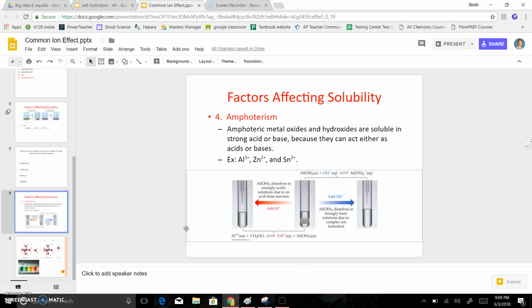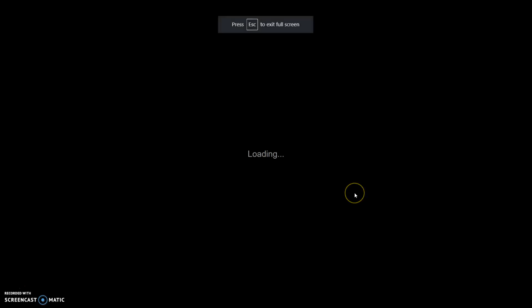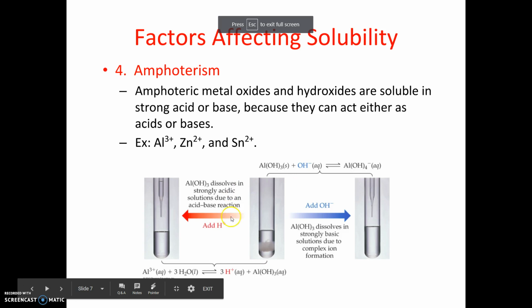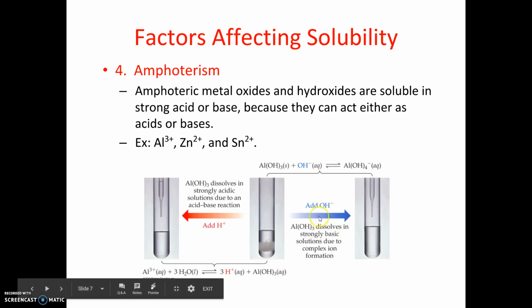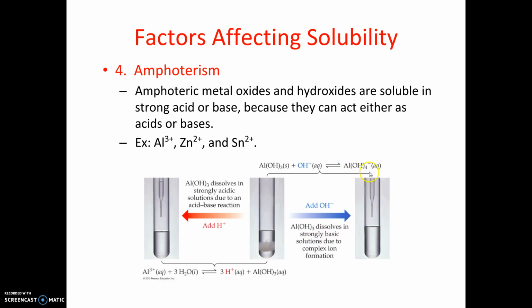So like your aluminums, your zincs, and your tin, let's make this in the big screen. If you add it in an acid, it will strongly dissolve in an acid too, because it'll make this aluminum plus water will make an aluminum hydroxide solution. Okay, so the aluminum hydroxide solution will be strongly favored to produce aluminum hydroxide in a complex ion form.